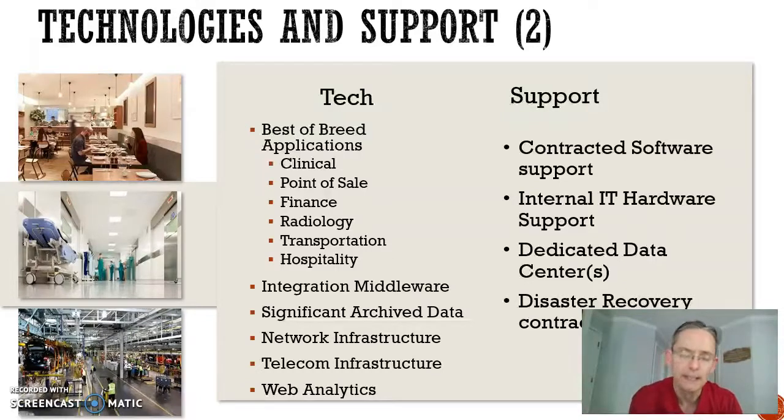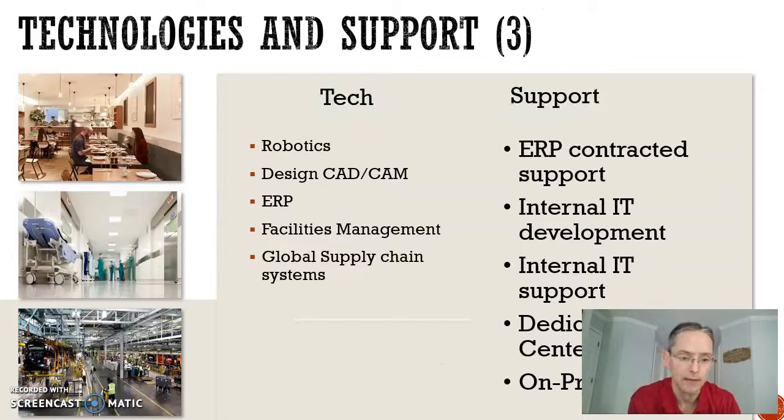What kind of support are we pulling in? Now we're bringing in some contracted software support probably to help with us. We probably have internal IT folks now, a dedicated data center, likely at some level, and some disaster recovery contracts. So we're a business that needs to stay open, right? So we've got to have some sort of technology that says we have failover capability. Get to the bottom one here. You're talking about big manufacturing companies.